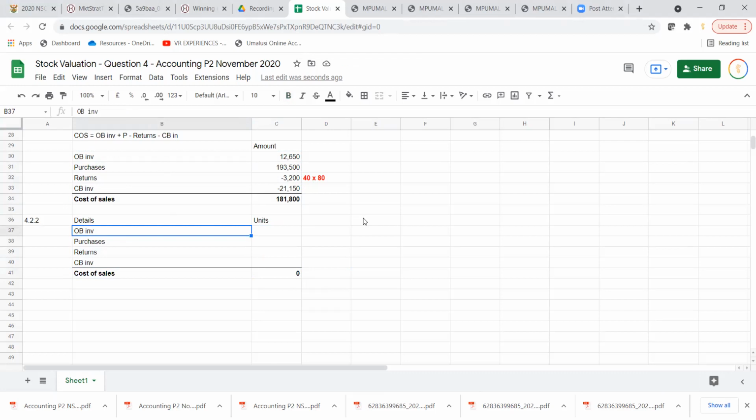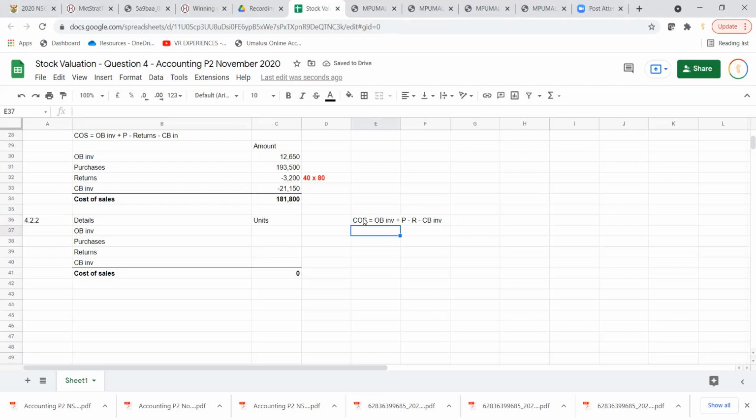So just to show you the cost of sales formula again, cost of sales equals opening inventory plus purchases minus returns minus closing balance inventory. So we want to calculate closing balance inventory.